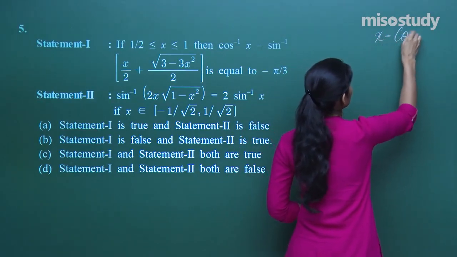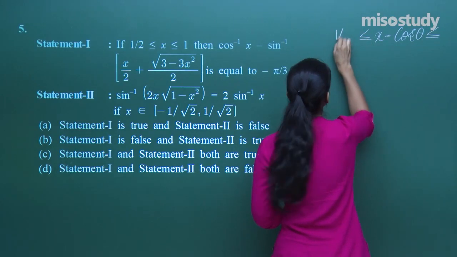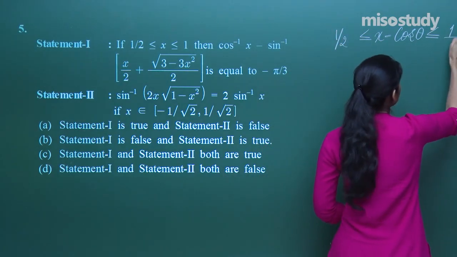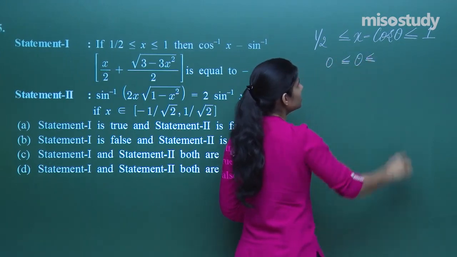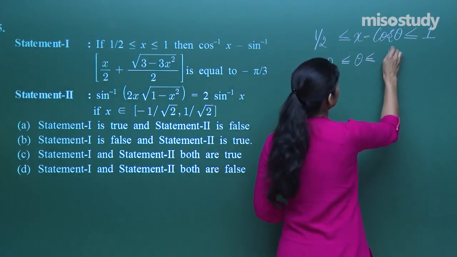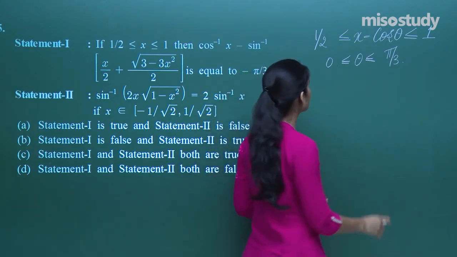If I take x equals cos theta, I know it is lying between 1 by 2 to 1. I basically get that theta is lying between 0 and pi by 3. Not a problem.